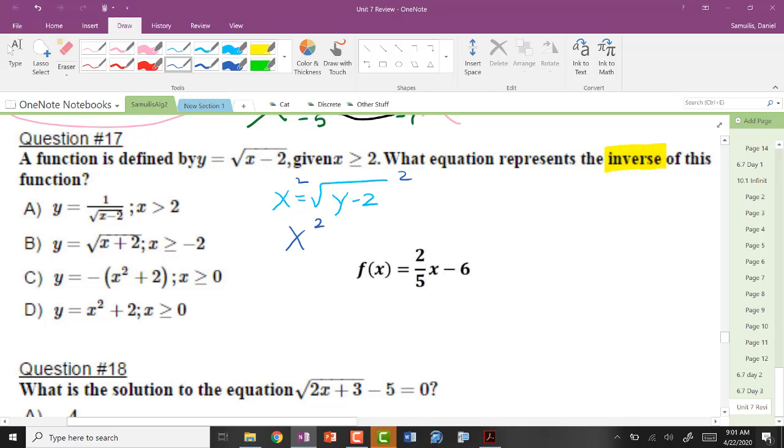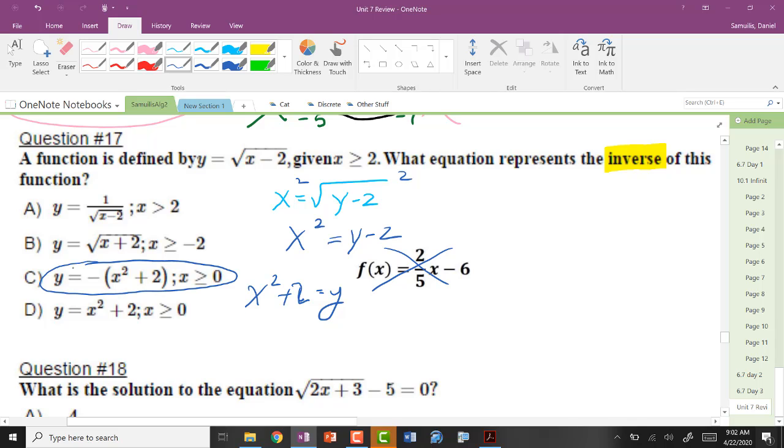I just now noticed that. Weird. Hopefully you ignored that because I have no idea what that is. All right, so we end up with y minus 2. I'm going to add 2 to both sides. And that's my solution, x squared plus 2, where the x has to be greater than or equal to 0.